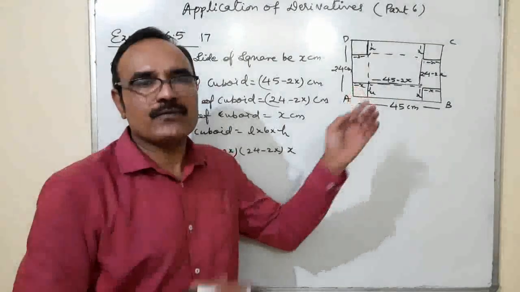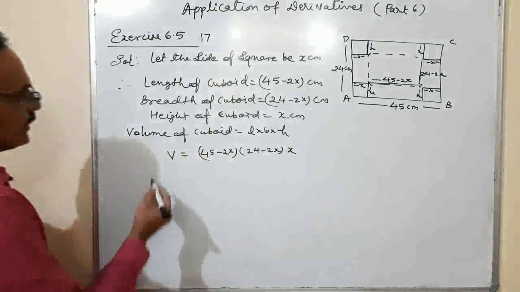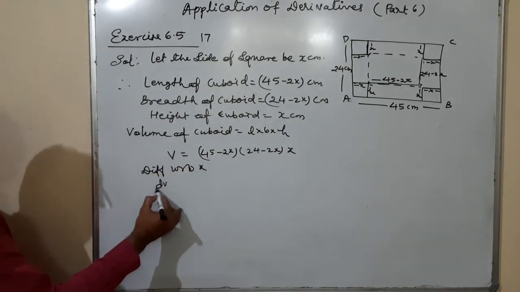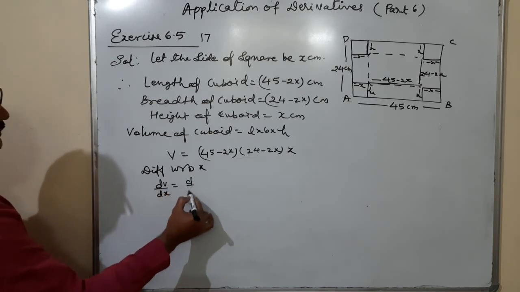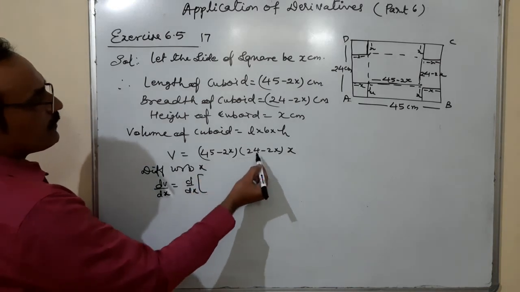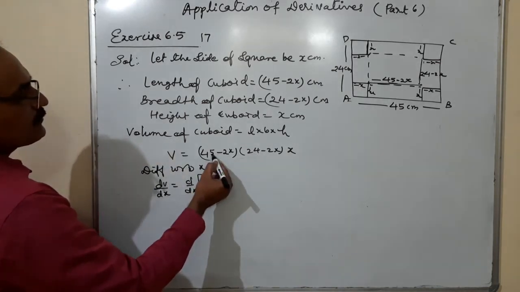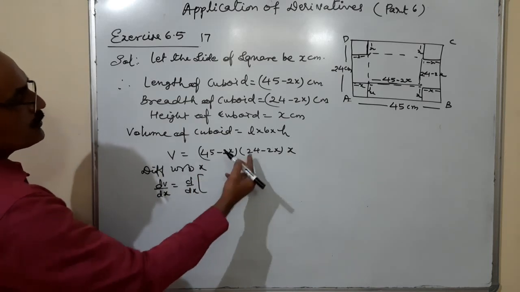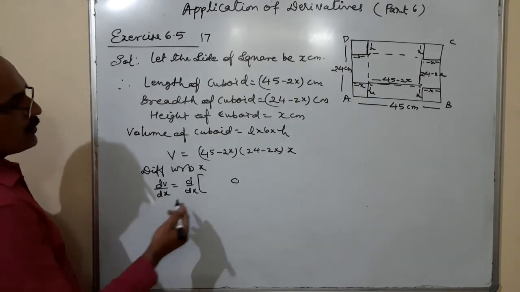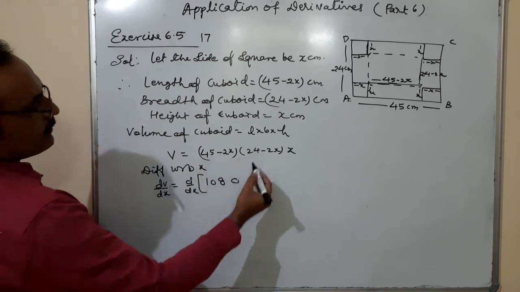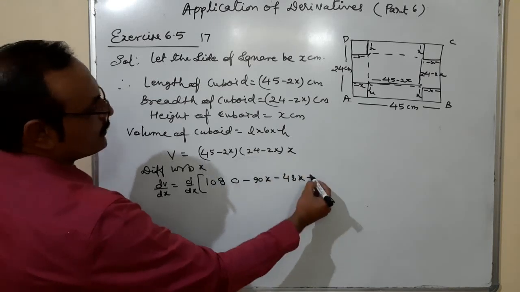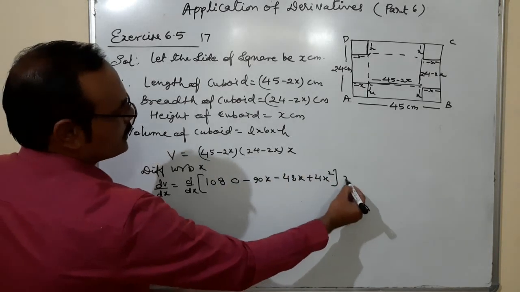Just let us multiply it first. 45 times 24 is 1080. Minus 90x, minus 48x, and plus 4x square, which is multiplied by x.